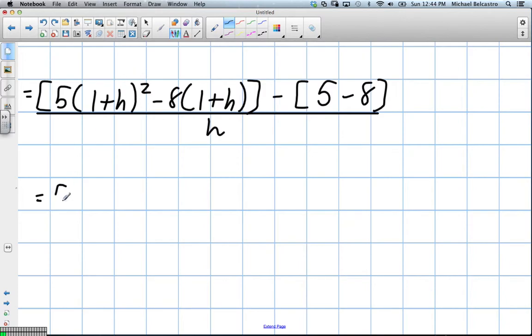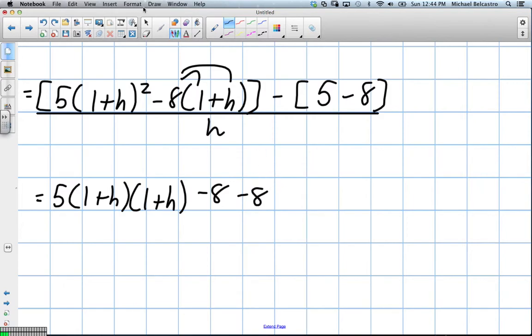From here, let's keep going. Well, that's going to be 5 times 1 plus h times 1 plus h, and we'll FOIL that one out or distribute the 8. So that becomes negative 8 minus h, still in brackets. And all of that is going to be subtract negative 3, which is the same as just adding 3.